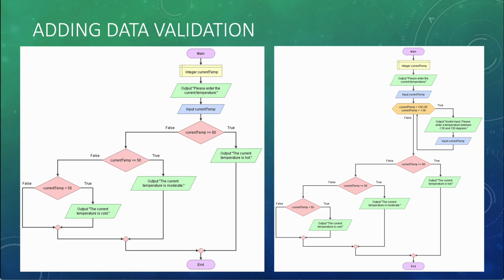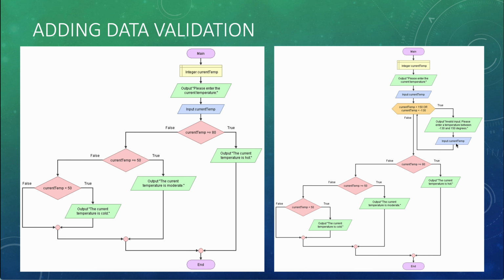So if they were trying to put in 15 degrees, and let's say they accidentally type a second 5 and they put in 155, then they would be confused as to why it says the current temperature is hot when they were trying to put in 15 degrees and it should say the current temperature is cold. So you can see how that could lead to problems. We want to help the users out as much as possible so that even if they make a typo, it will let them know that there is an issue that they need to correct.